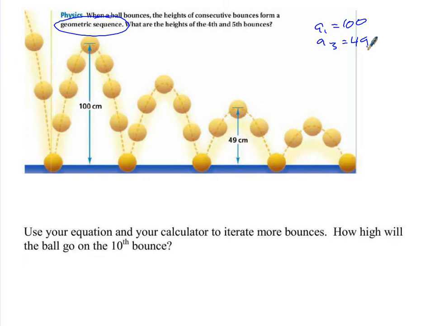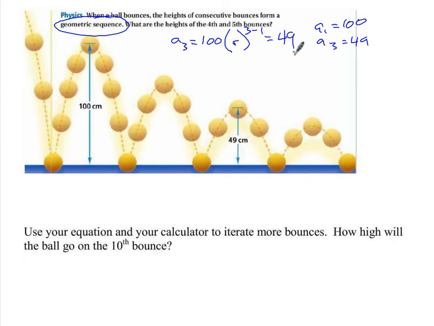So what do I write? a sub 3 equals 100 r to the 3 minus 1, that's right. And what is a sub 3? 49. Equals 49.